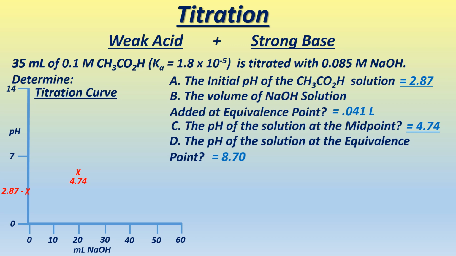And at the end, I indeed have a basic solution. The conjugate weak base gives an equivalence point pH of 8.7. Connecting all the points in this curve gives a radically different view. I now have, instead of a single sharp S-shaped curve, a two-step curve.